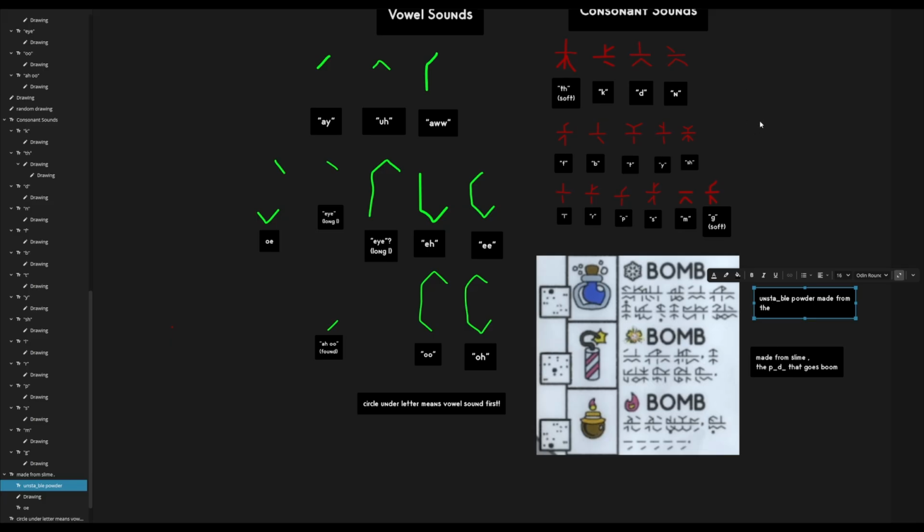Down, down, and up. I don't have that symbol. But I do have this. I actually don't have this. Wait, wait, what? I'm having trouble for some reason parsing this symbol.